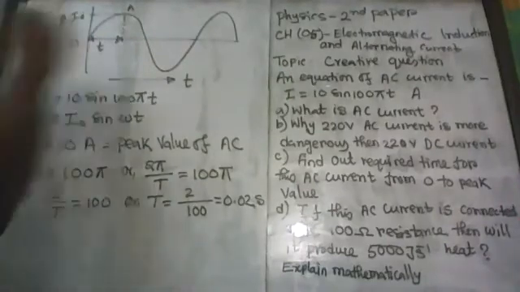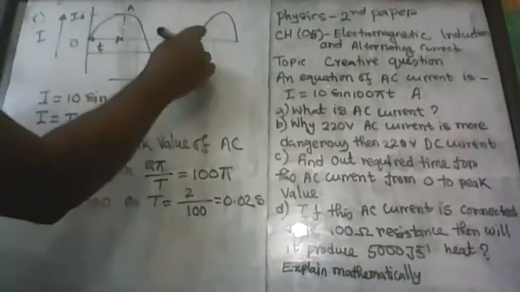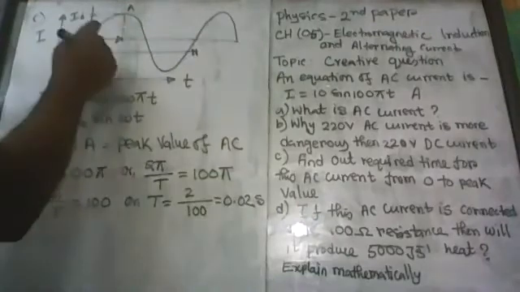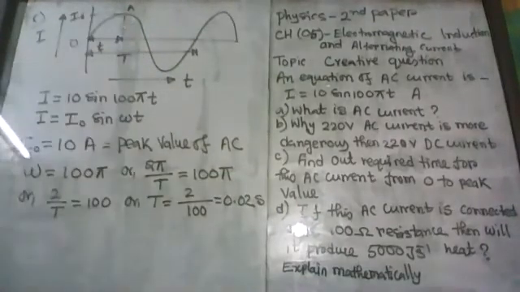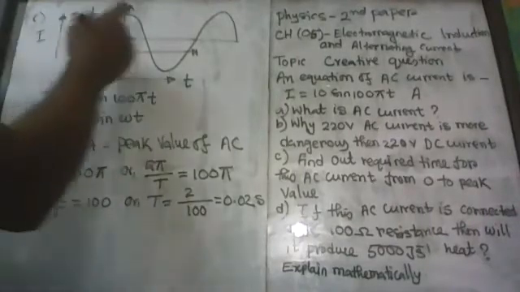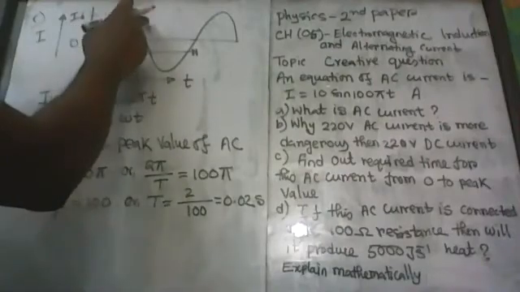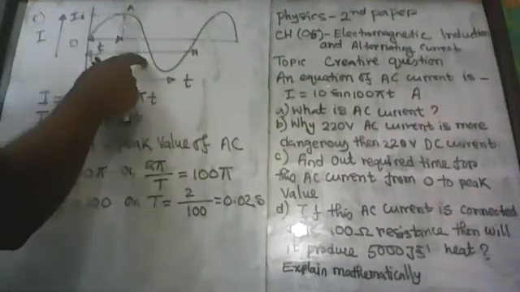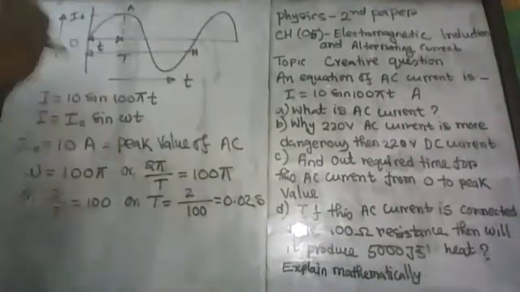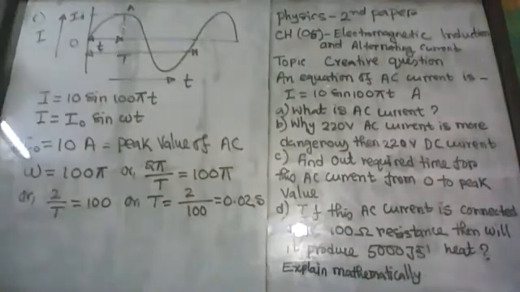So the required time from here to this particular point equals the time period. Now, I convert this time period into small t.